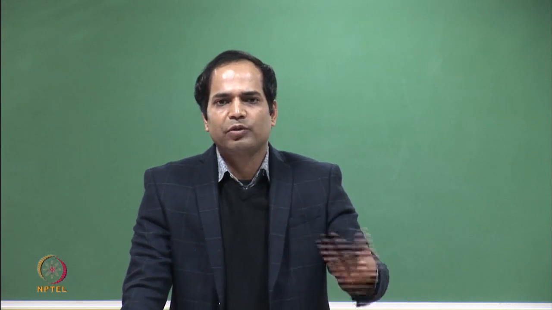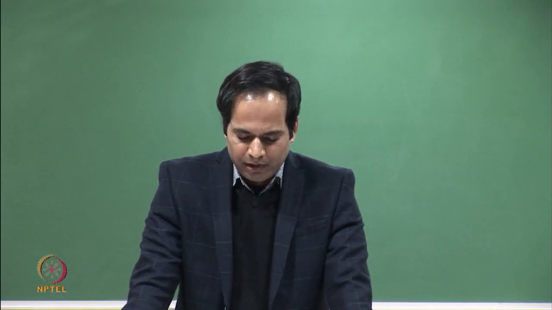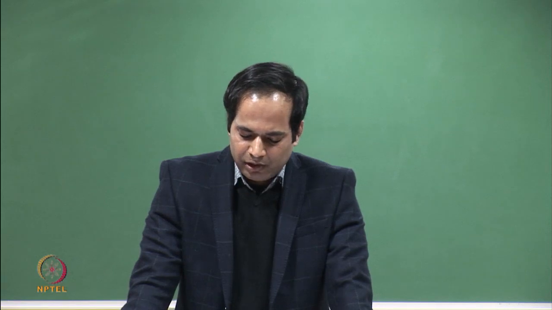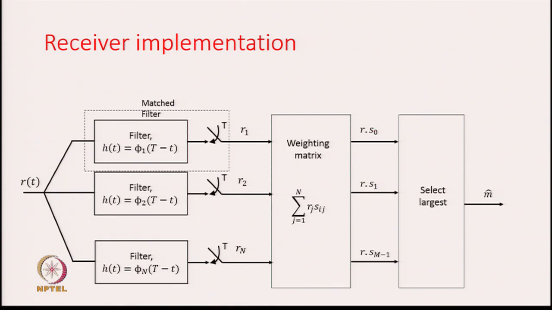It receives a waveform and from that received waveform it has to decide on the possible transmitted signal, and this is what it does. Now, I have simplified this picture a little bit, and this picture will be true if I assume that all these signals occur with equal probability and have equal energy. If this is not the case, then we need to add a bias here, and based on these outputs the decision happens.